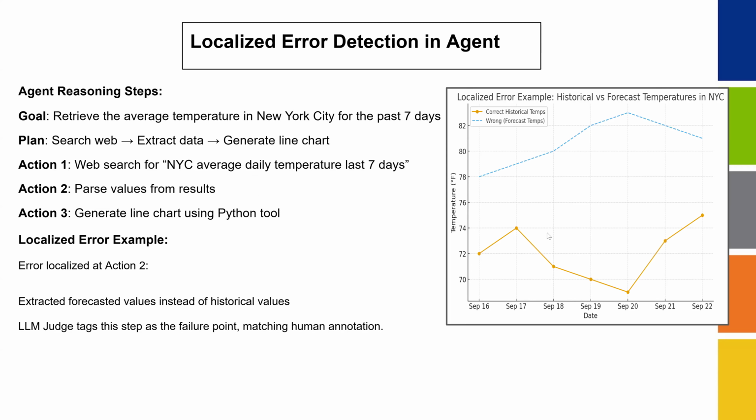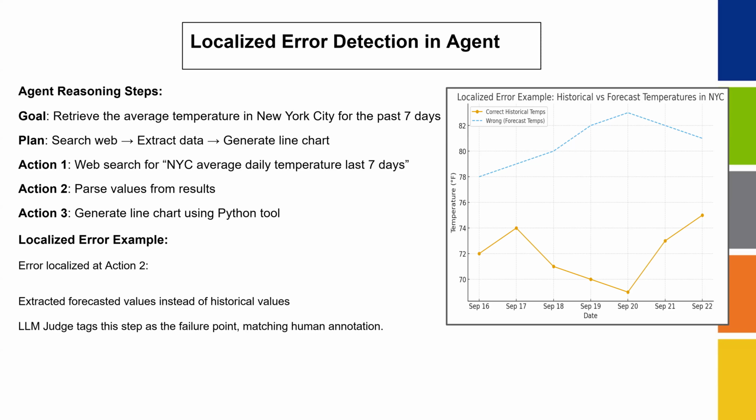Here, I have built a graph for that. So agent reasoning steps. The goal given to the agent was to retrieve the average temperature in New York City for the past 7 days. Now, the agent builds a plan for itself, like searching the web, extracting data, and generating the line chart. And then individually, the actions will be assigned.